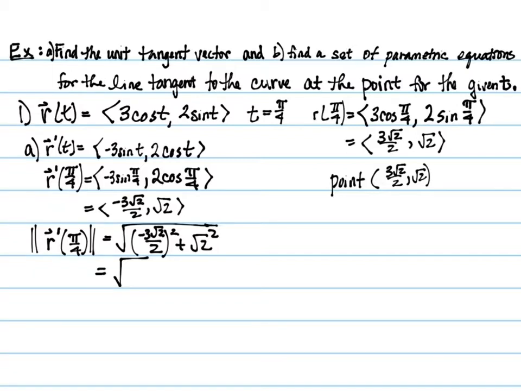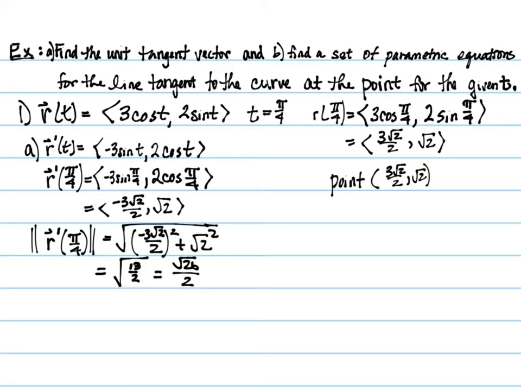What'd you get? Yep, 13 over 2 is it. Good job. And then if I were to rationalize it, I would have square root 26 over 2. Is everybody good with that?